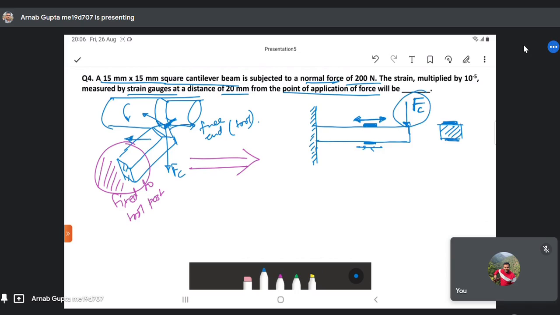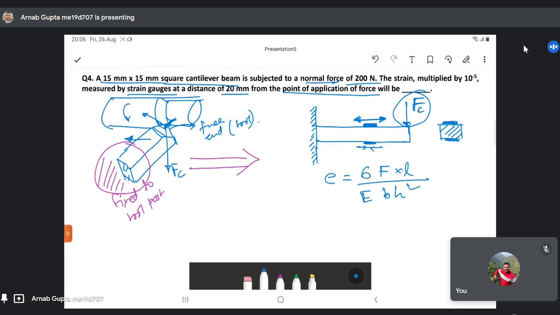You have a direct formula here, so you can directly apply that. It is derived from some principles of strength of material. The strain here is equal to 6FL divided by E B H square.